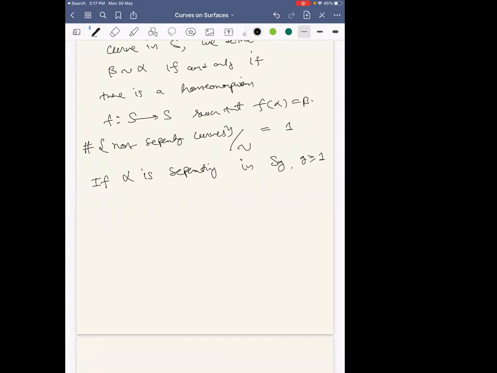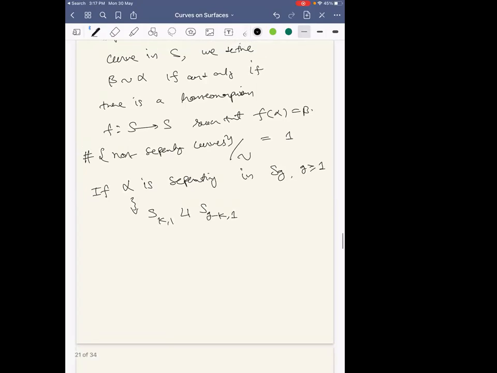When it is separating, it will correspond to a cut surface which is homeomorphic to S_K,1 disjoint union S_{G-K},1. So once you know this number K, you know the cut surface, and you know your separating curve up to homeomorphism.